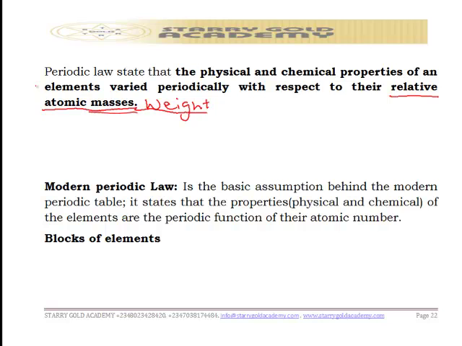He predicted the properties of elements that were missing, and later those elements were discovered, such as germanium. We have another element, gallium. We have another element, scandium, and so on and so forth.